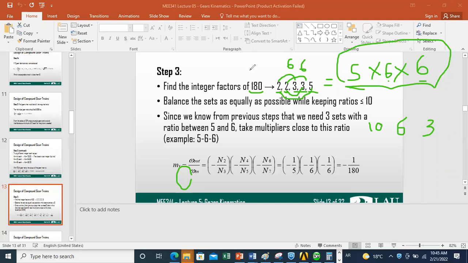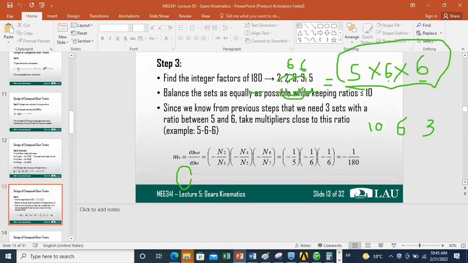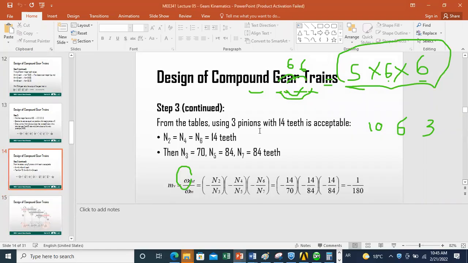Since we have already seen that a pinion with 14 teeth is a good choice, if I take 3 pinions of 14 teeth, then for my gears, one should have 14 times 5 teeth, and the 2 other sets should have 14 times 6 teeth, okay?